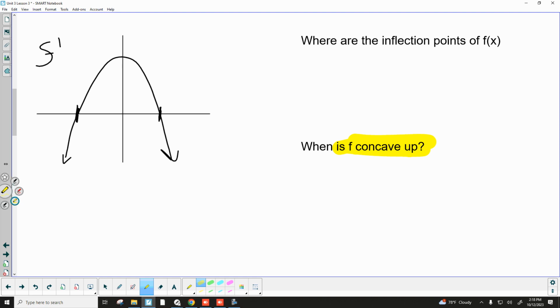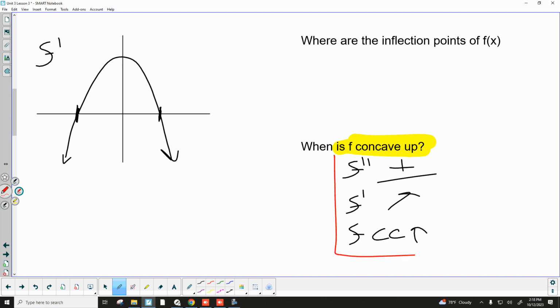Cool? There are two things you can look at. You can either go back to Unit 2 and understand that this is the slope of f prime, or you could say, all right, this is f prime. When is f prime going up?